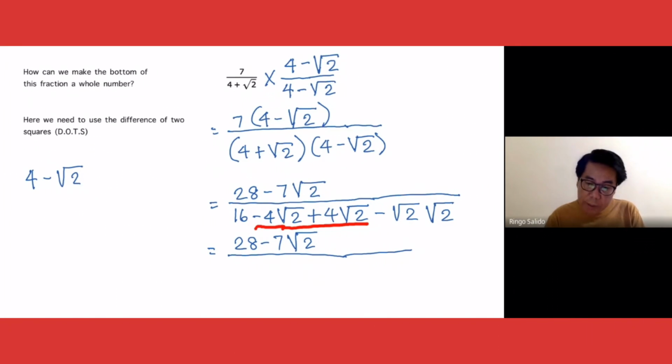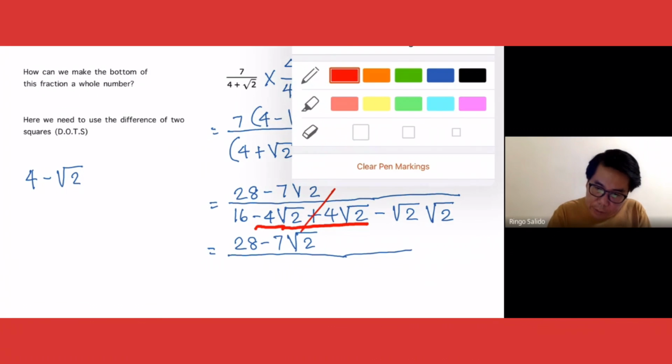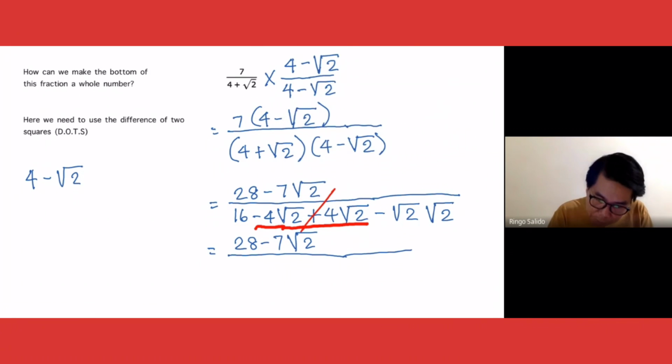Okay, this one is similar terms, and this is considered as 0. Okay, so we'll just simply cancel this one, and we have to rewrite 16, and then negative root of 2 squared is equal to 2.